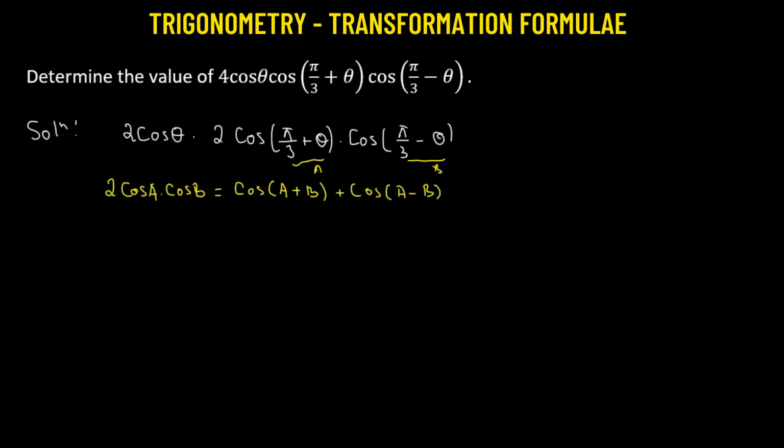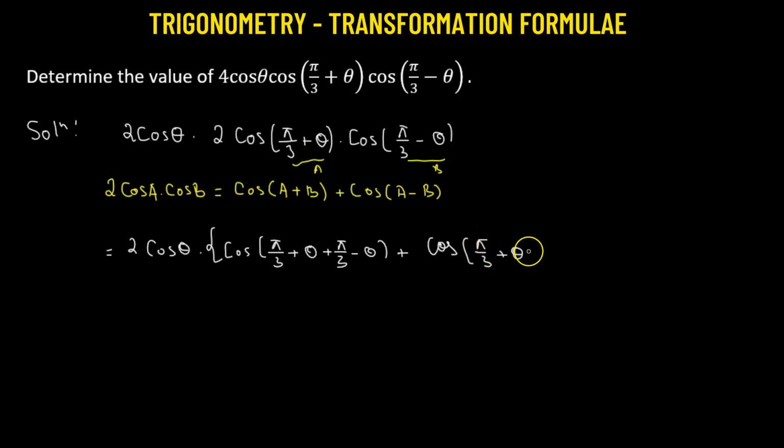equivalent to B. Then we get 2 times cosine of theta, and multiplied to it will be now cosine of A plus B. So we have A, which is pi over 3 plus theta, plus B, that's pi over 3 minus theta, plus cosine of A minus B. So we get pi over 3 plus theta minus pi over 3 minus minus theta, which will become positive theta.